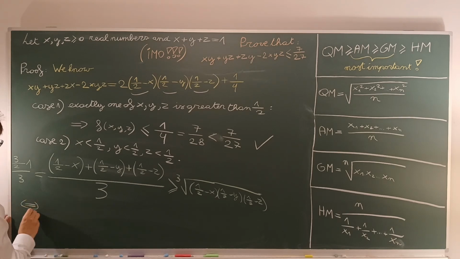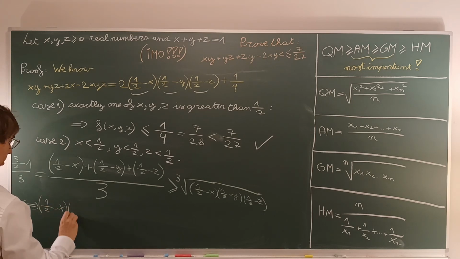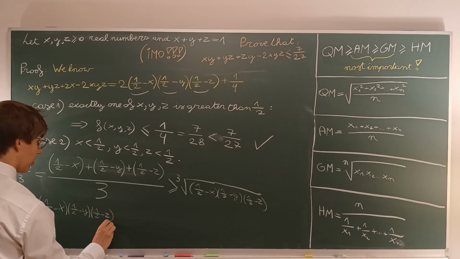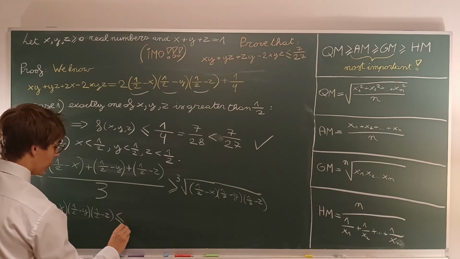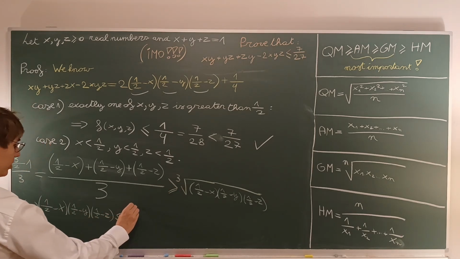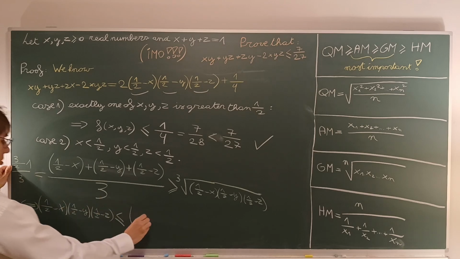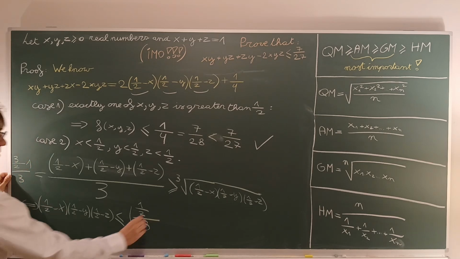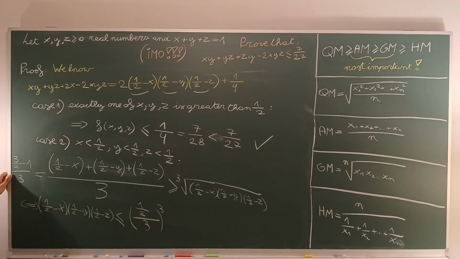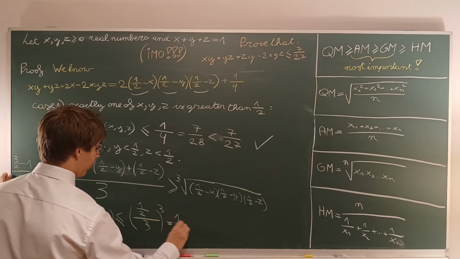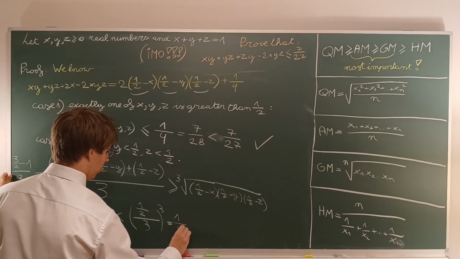So we get that this part, 1/2 minus x times 1/2 minus y times 1/2 minus z, is less than or equal to this to the power of 3, which is 1 over 2 divided by 3, to the power of 3, which is equal to 1 over 6 cubed.